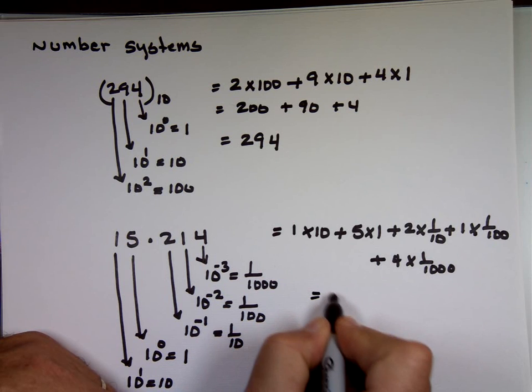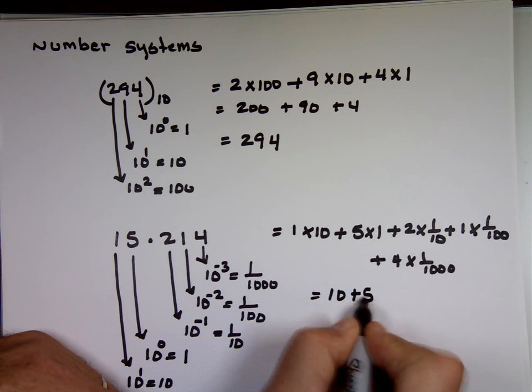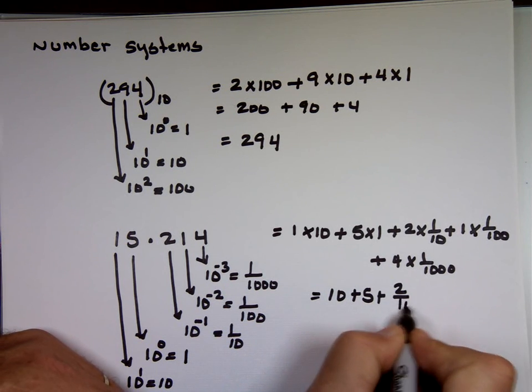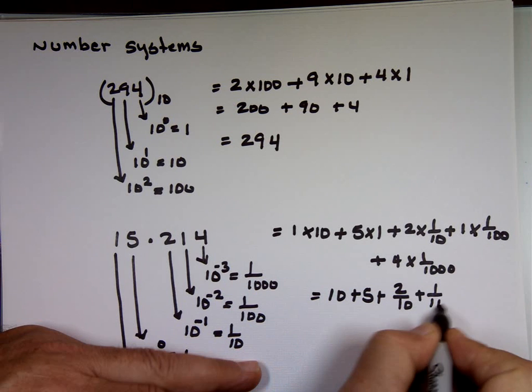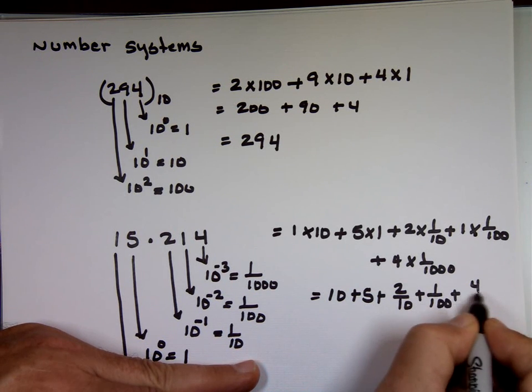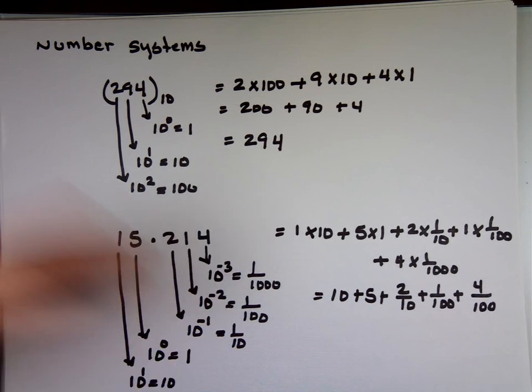One times 10 is 10, plus 5, plus 2 over 10, plus 1 over 100, plus 4 over 1,000. If you want to take your calculator and divide these numbers and add them, it should give me the same number, 15.214.